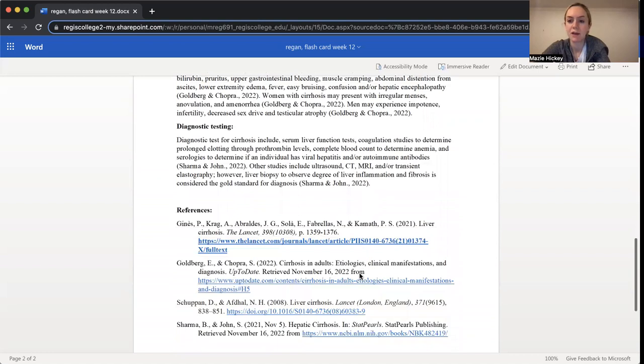There are multiple diagnostic tests for cirrhosis. Diagnostic tests include multiple blood serum tests, such as serum liver function tests. This includes AST and ALT. Coagulation studies can determine if there's prolonged clotting time, which can be associated with cirrhosis, and that can be observed through prothrombin levels.